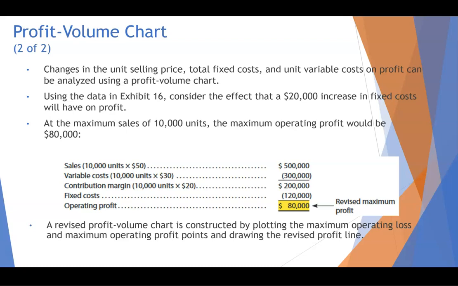Changes in the unit selling price, total fixed cost, and unit variable cost on profit can be analyzed using this profit-volume chart. We can consider the effect of a $20,000 increase in fixed costs. At the maximum sales of 10,000 units, the maximum operating profit would be $80,000.